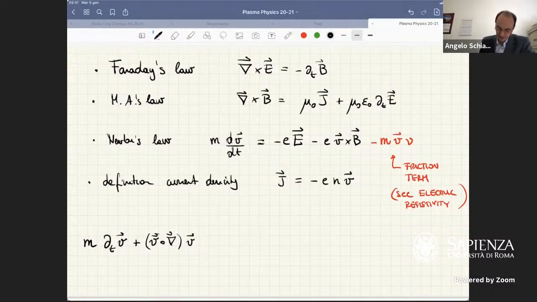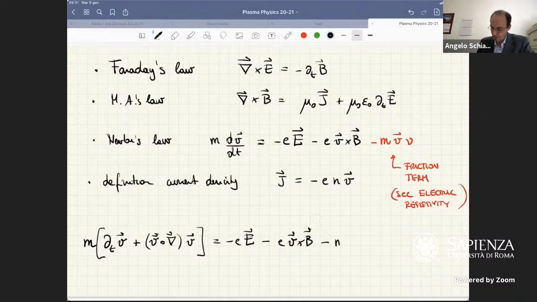And this total derivative equals minus E electric field minus E V cross B minus m of the electron, velocity of the electrons, collision frequency. Okay, pay attention to writing the velocity and nu with different symbols, because they might be quite similar.